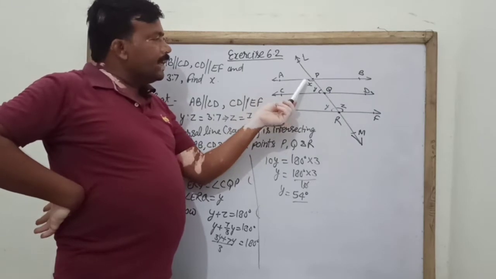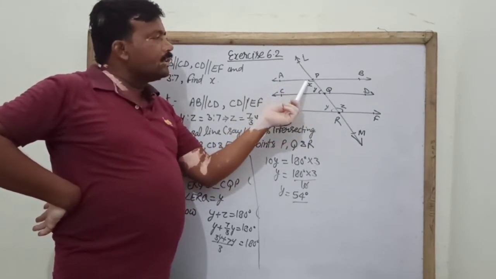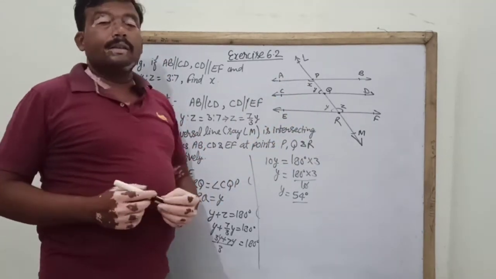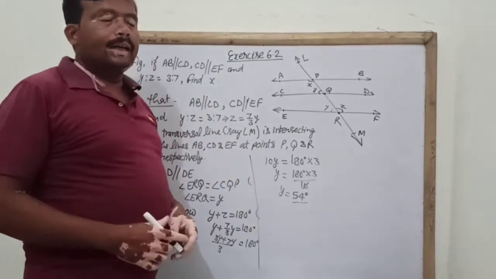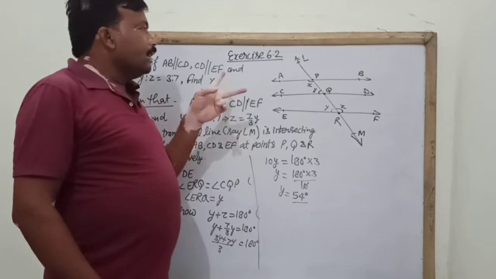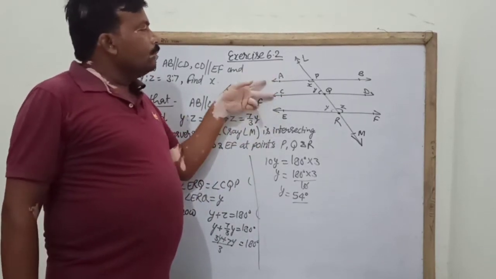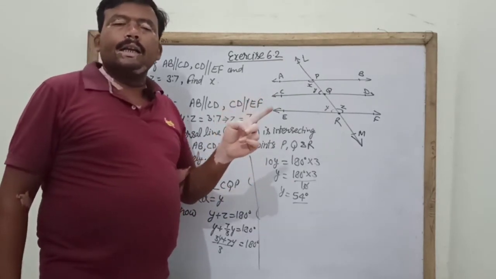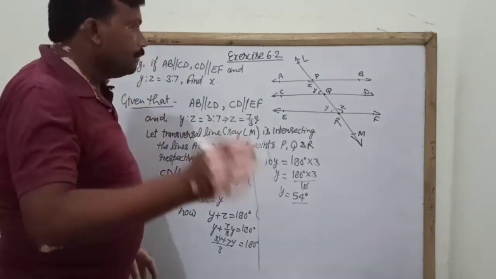So these two angles are interior angles on the same side of a transversal. As we have learnt in the previous video, there was a theorem that when a line intersects two parallel lines, then the interior angles on the same side of the transversal are supplementary.